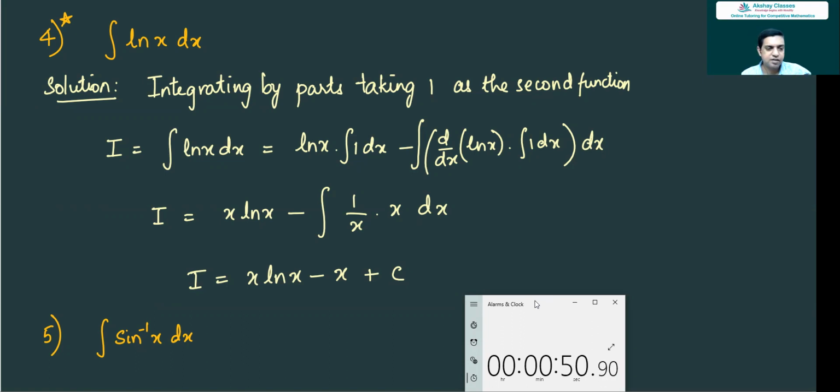Those of you who finished, you can raise your hands or put a message in the chat. Of course, you will not be able to write the solution, but just say that you have completed.